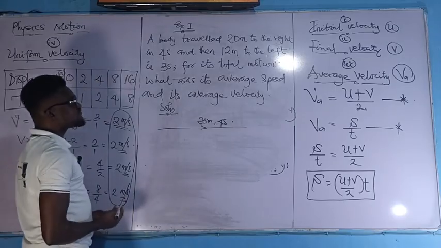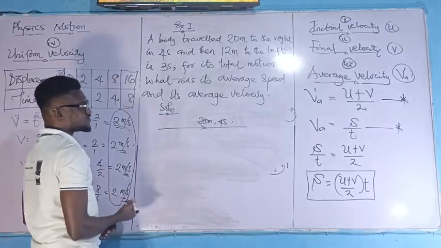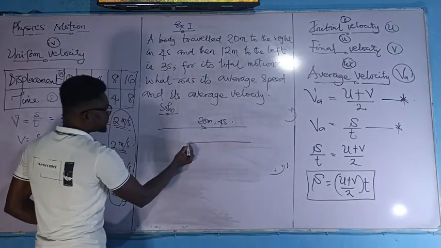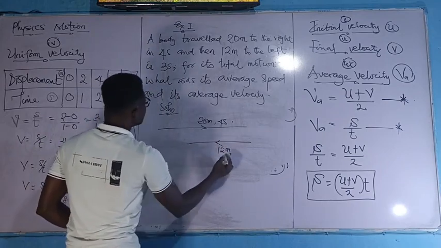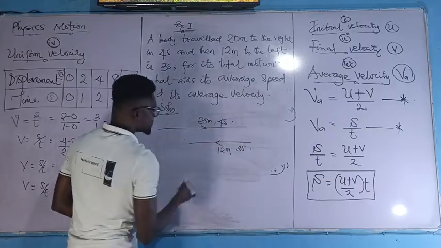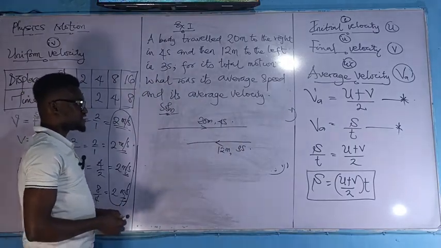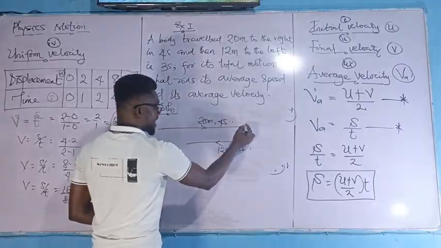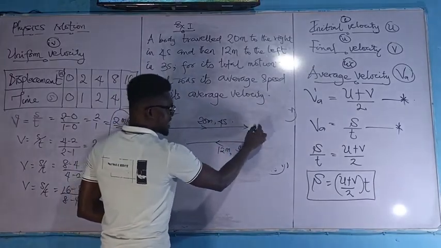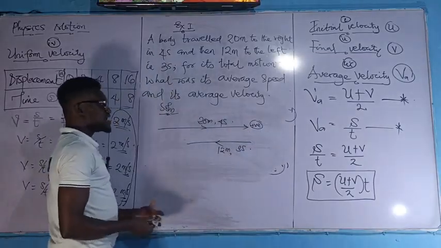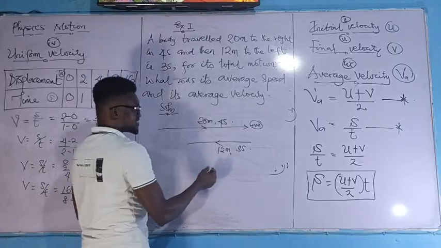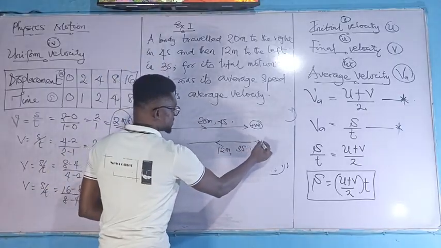And then 12 meters to the left in 3 seconds. Now you see the direction I gave here. Moving towards the right, I might assign it positive. Then moving towards the left, I might assign it what?